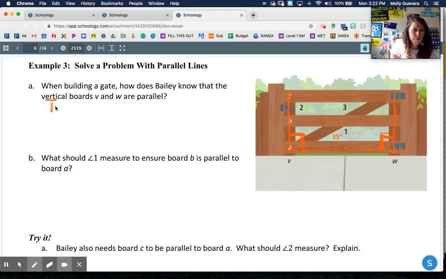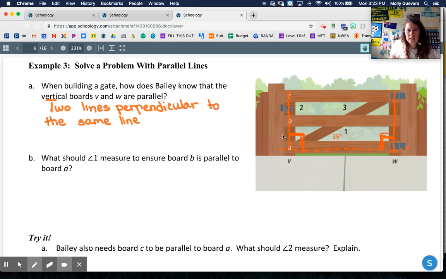So two lines perpendicular to the same line. So line V is perpendicular to the base and line W is perpendicular to the base.